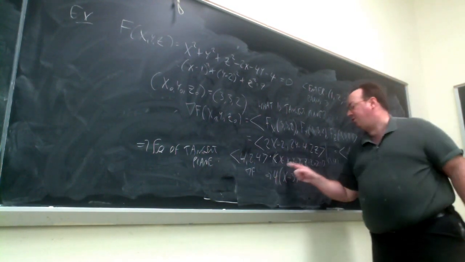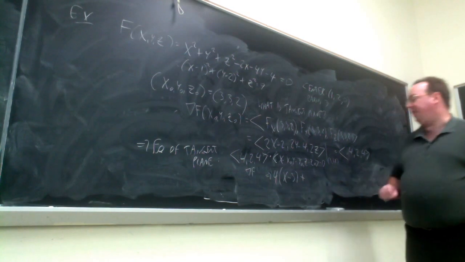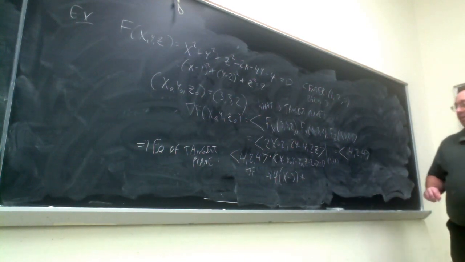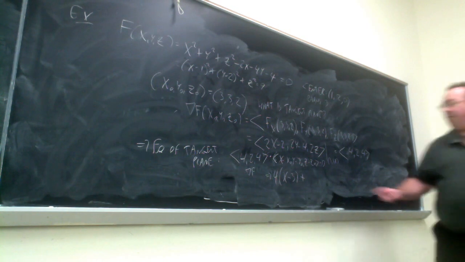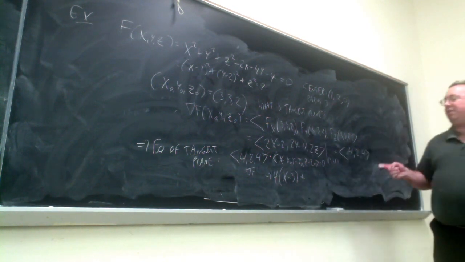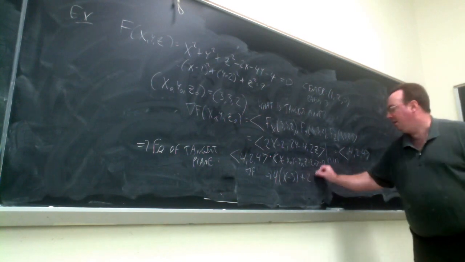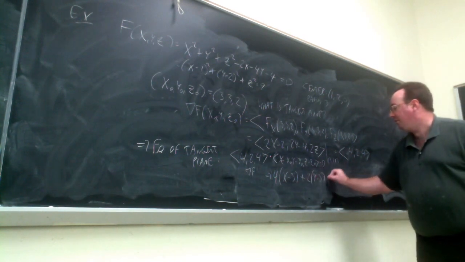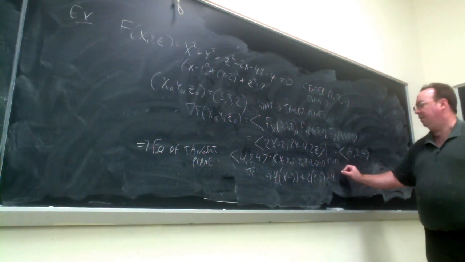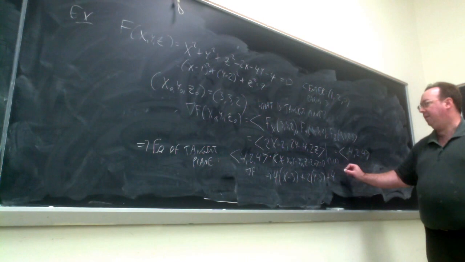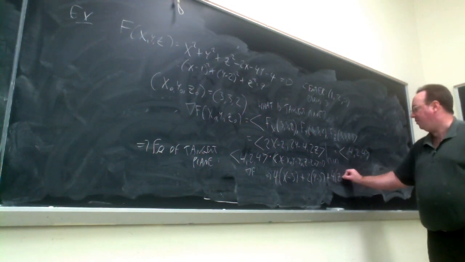So that's the first term. What's the next term? So we're carrying out this dot product. You multiply corresponding components and add them up. 2 times y, 4, z minus 2.